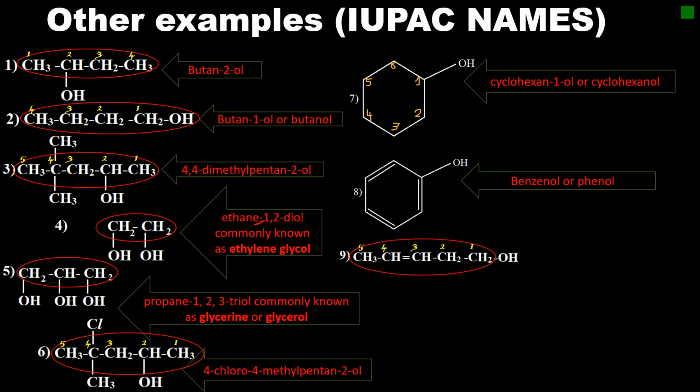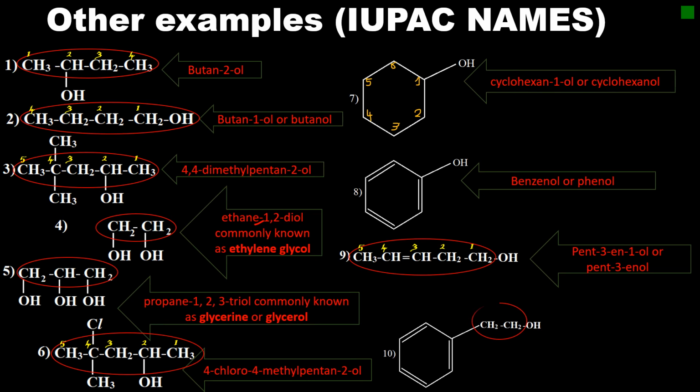And here, the double bond will be on the third carbon. So the name of this will be pent-3-en-1-ol. You can see the stem suffix has changed: where we had used AN, here we are going to use EN because there is a double bond.